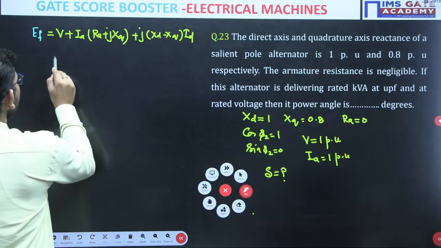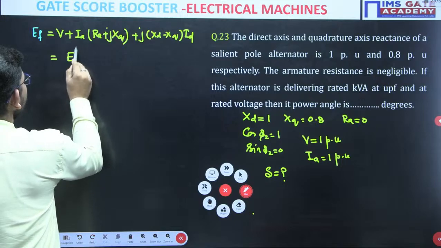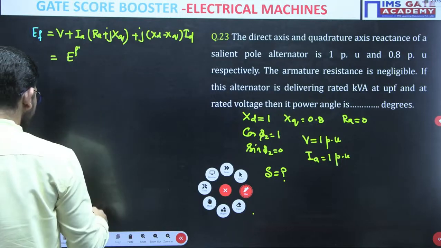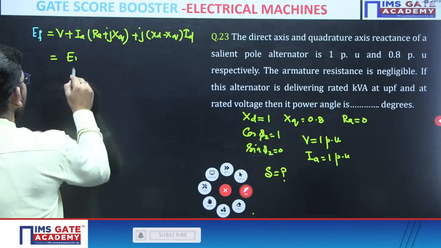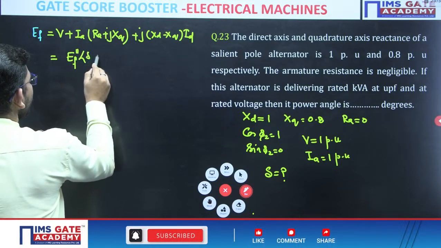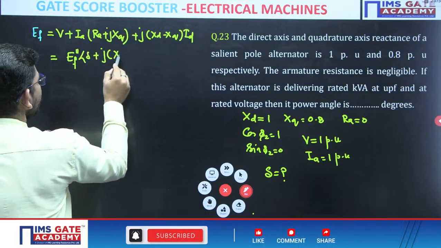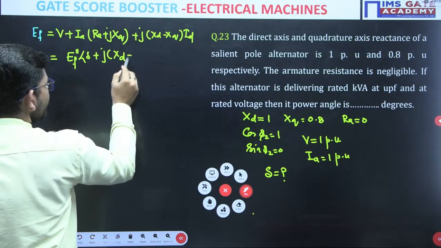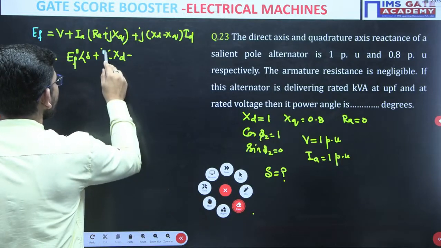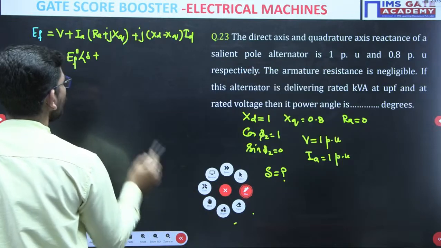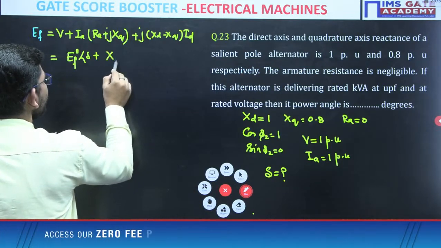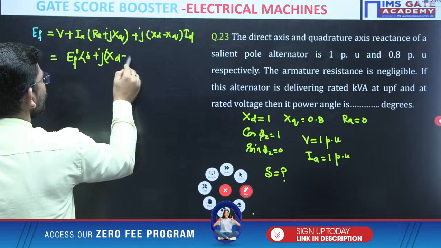Out of this equation, what I told you is that it is like E double dash angle EF double dash angle del plus J XD minus, or what I told you is that we need not write the values of J here. So, simply, or let me write, no issue.